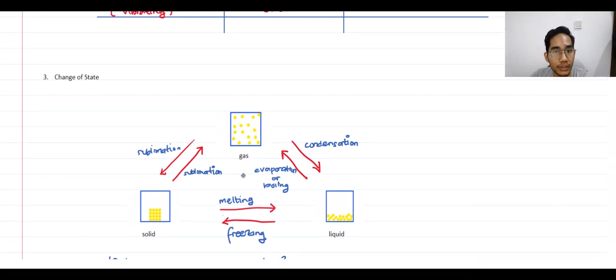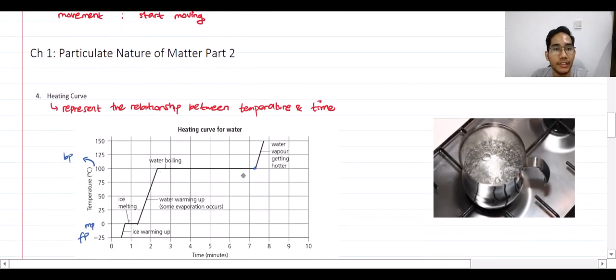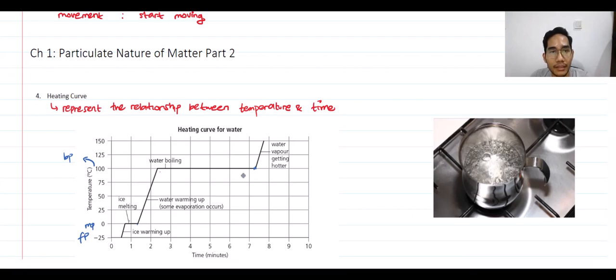The difference between the two is that in liquid, the particles move slowly, and in gas, particles move very fast. Okay? Now, in order for the particles to move faster, they need energy. Again, they need energy. So all the energy that the liquid water receives from us will be used to change state, not to increase the temperature. That's why it becomes a horizontal line in which there's no change of temperature.